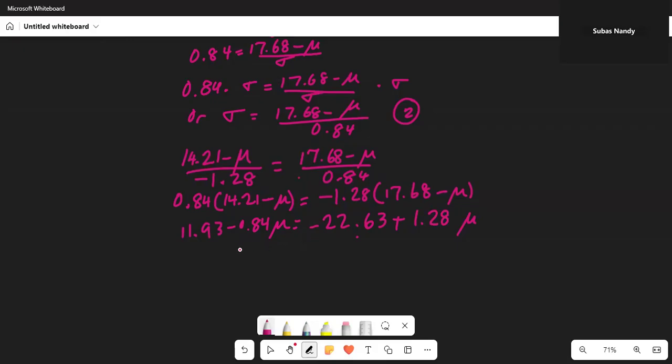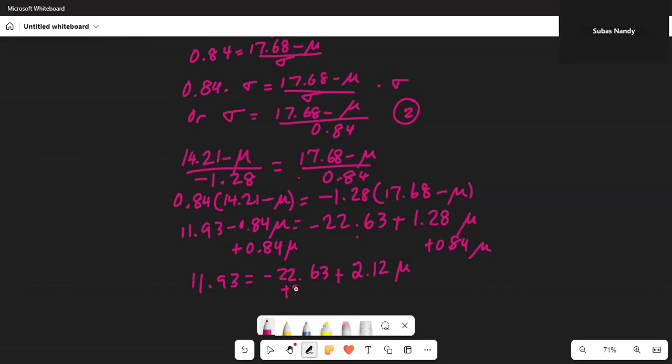Okay, so I can add 0.84 mu on both sides, and I will get 11.93 is equal to minus 22.63 plus 1.28 plus 0.84, which is 2.12, mu.